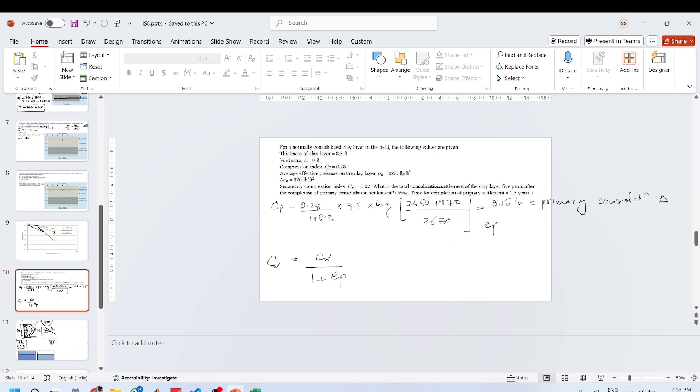Then EP, delta E is simply 1 plus E delta H over H. Delta E over 1 plus E was delta H. Actually, I was not to multiply this.